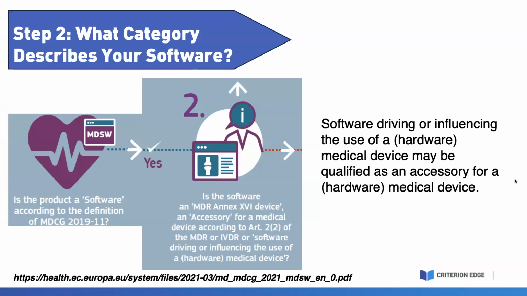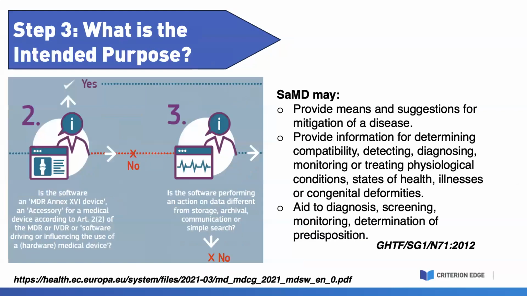So in the next slide, step 3 is going to be focused on that intended purpose. So we know now that a medical device is really any instrument, and in this case software, that's intended to be used alone or in combination for the purpose of diagnosis, prevention, monitoring, treatment.